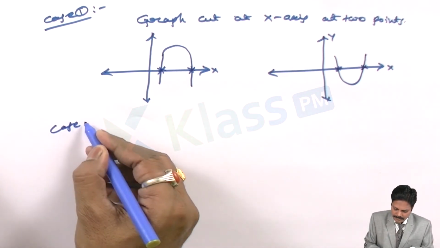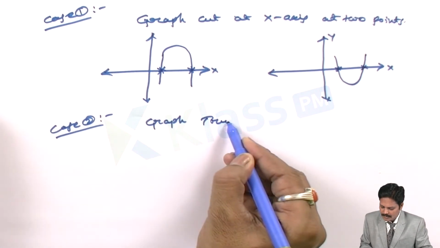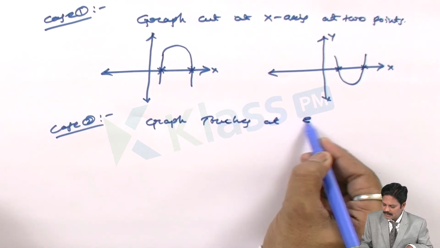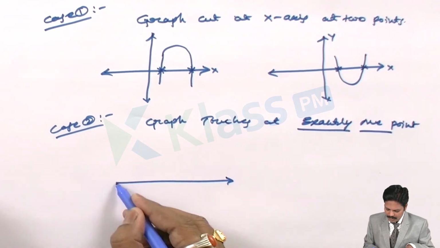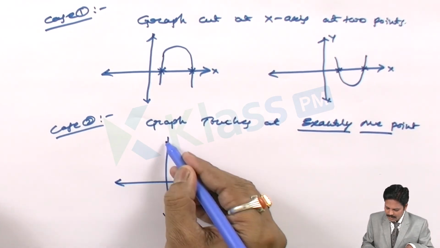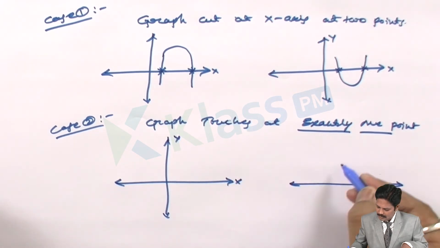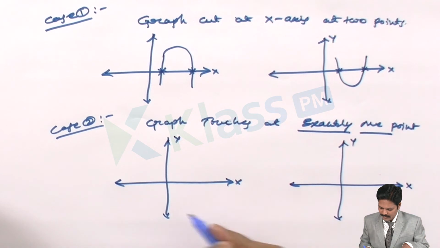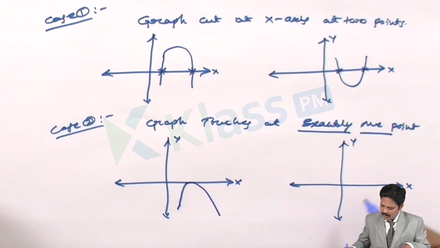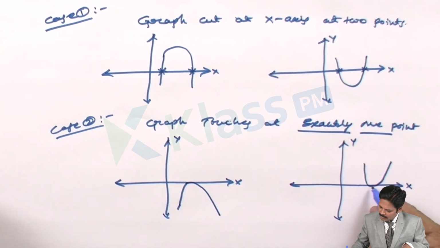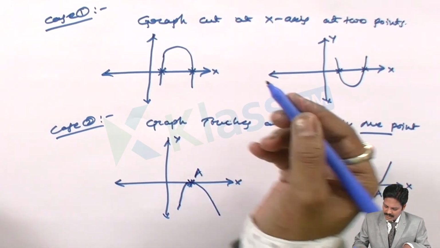And in case 2 we have one more: the graph touches at exactly one point. Here I am drawing it like this, with x and y. The parabola may be downwards or upwards, but it will intersect at only one point, exactly one point.